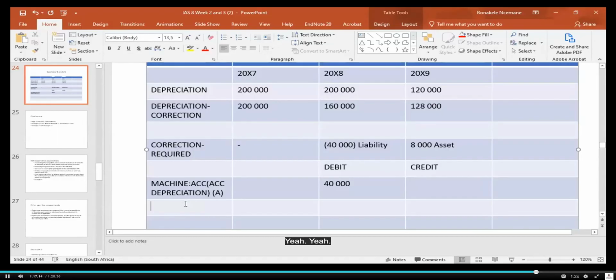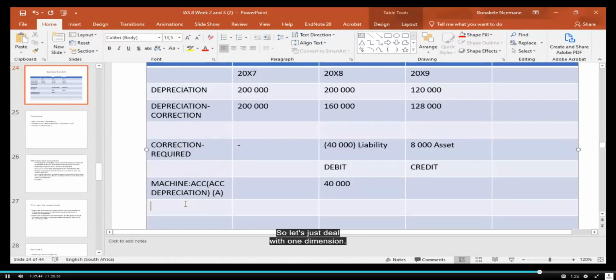So our profit before tax decreased by 40,000, right? Because we had recorded that expense. Are you with me? In other words, we took a lesser amount to our retained earnings. Are you with me? Yes.